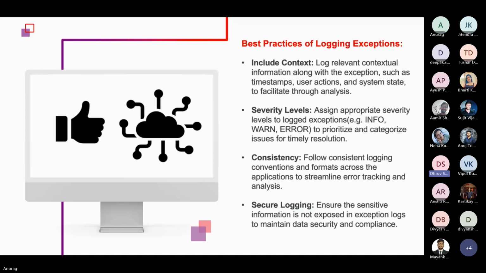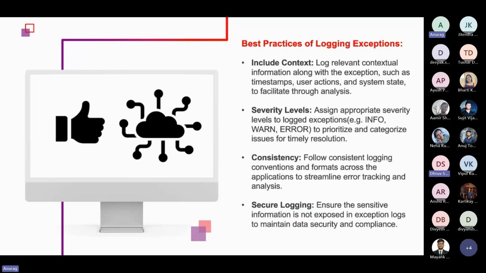Second one is severity levels. Assign appropriate severity levels to logged exceptions, for example info, warn, error, to prioritize and categorize issues for timely resolution. So basically, while we log the exception, we can log the messages in different forms. We have different types of logging the exception. We have log.info, log.warning, log.error.